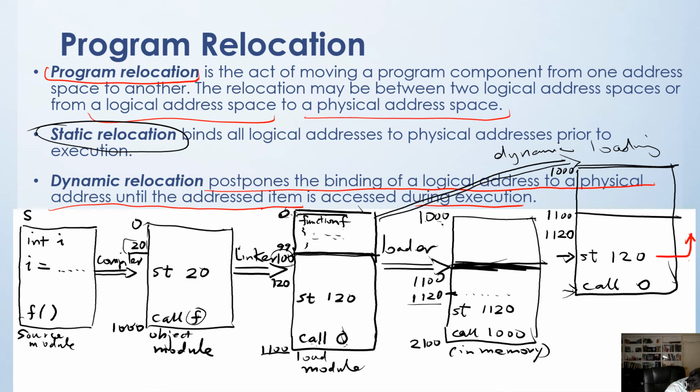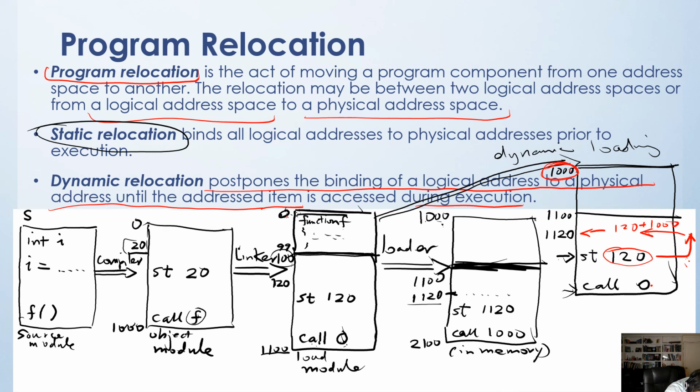then you're going to perform the dynamic loading. So it will start to add 1000, because when you load, memory address 0 becomes 1000, right? So then we're going to add 1000 for each corresponding logical address. So we can refer to this by adding 120 plus 1000, and you're going to get 1120.